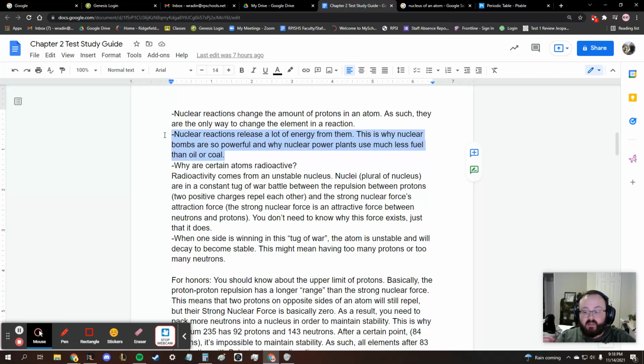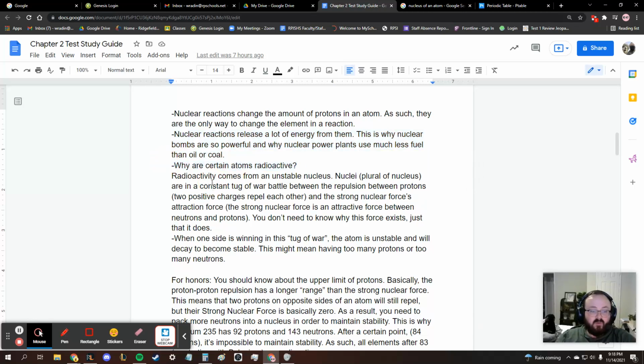So the nucleus is held together a lot more energetically than anything else that we're going to see. The numbers may not make much sense when you see, oh, this is this amount of joules, but just trust me, nuclear reactions have a ton of energy involved per reaction compared to chemical reactions.